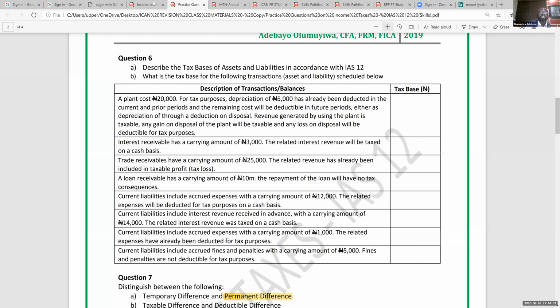Now, let's go back to our presentation slide. Carrying amounts less temporary difference. No? Yes. We'll get there.